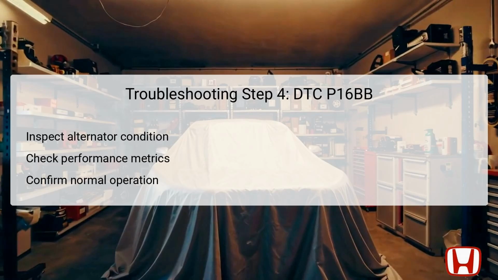Signs of physical wear and tear or electrical faults can often reveal underlying issues that impact the alternator's ability to perform. If the alternator is indeed the source of the problem, it would require replacement to restore the proper electrical performance of the vehicle. Confirming that the alternator is operational within specified limits is vital for addressing the DTC completely.